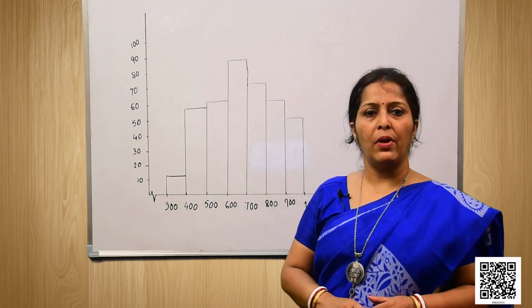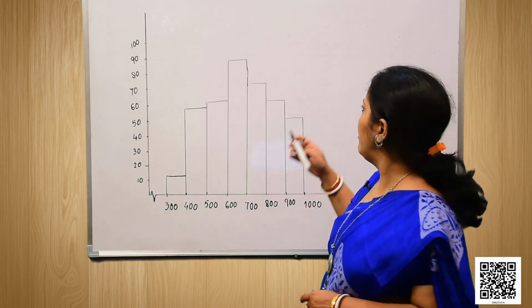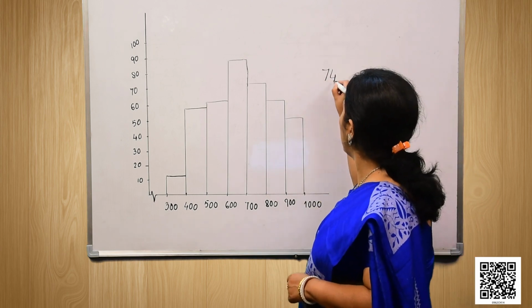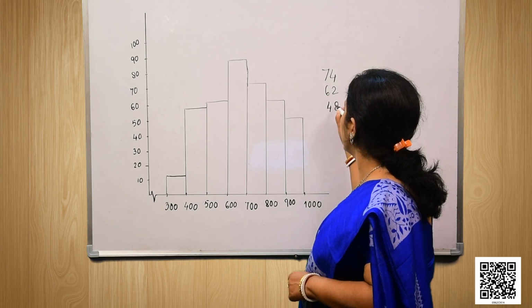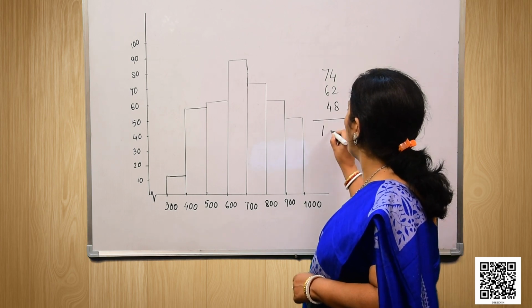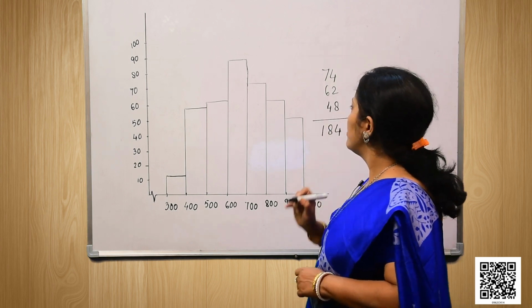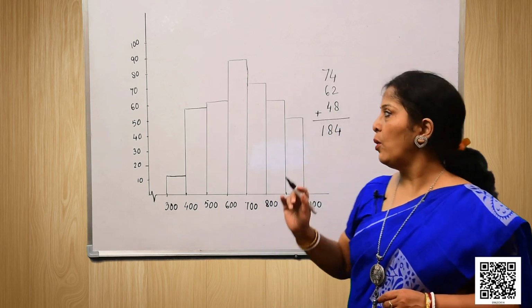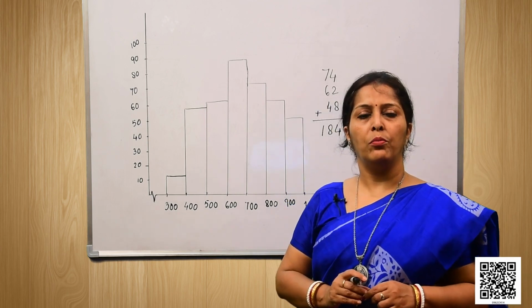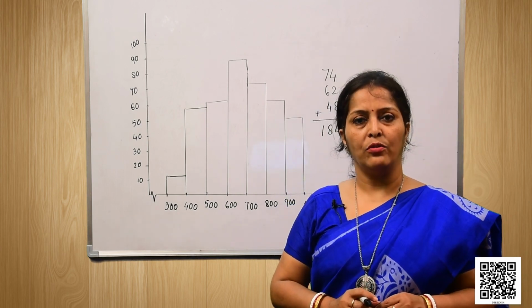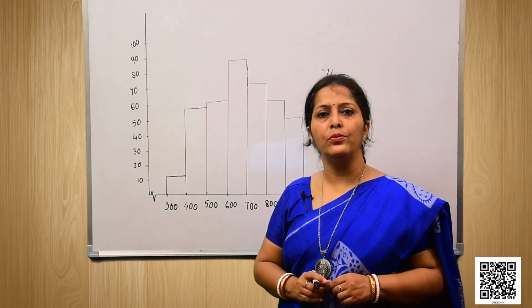So the total number will be 74 plus 62 plus 48, which comes to 184. So we can say that a total of 184 lamps have a lifetime of more than 700 hours. I hope this is clear to you.